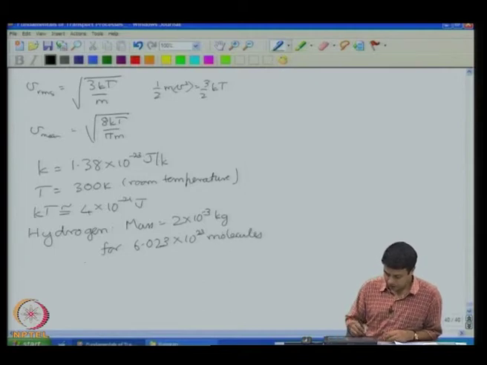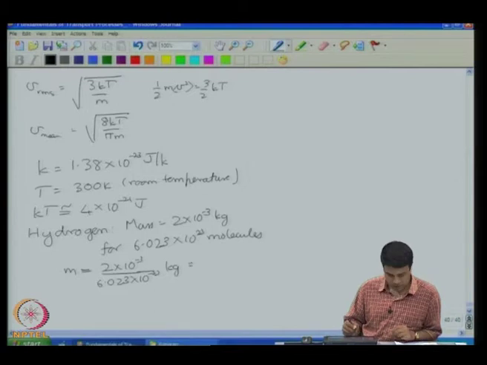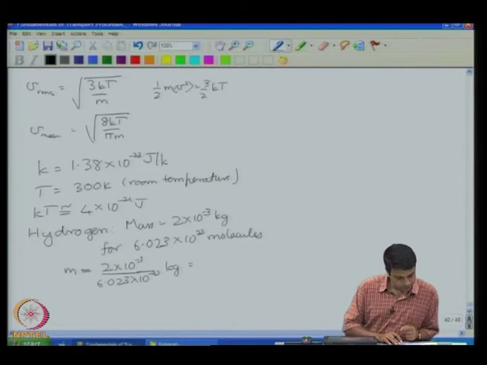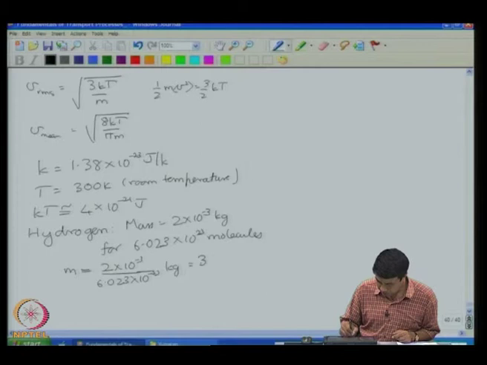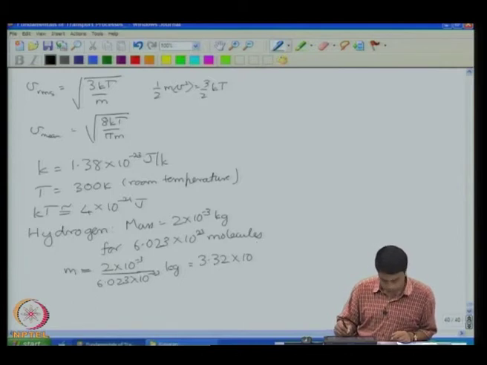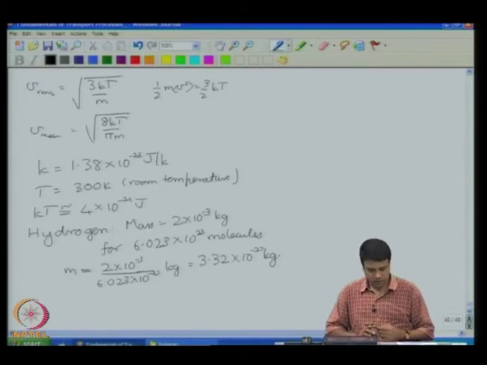From that, the molecular mass is 2 into 10 power minus 3 divided by 6.023 into 10 power 23 kilograms, which according to my calculation turns out to be about 3.32 into 10 power minus 27 kilograms. So, this is the mass of one molecule.